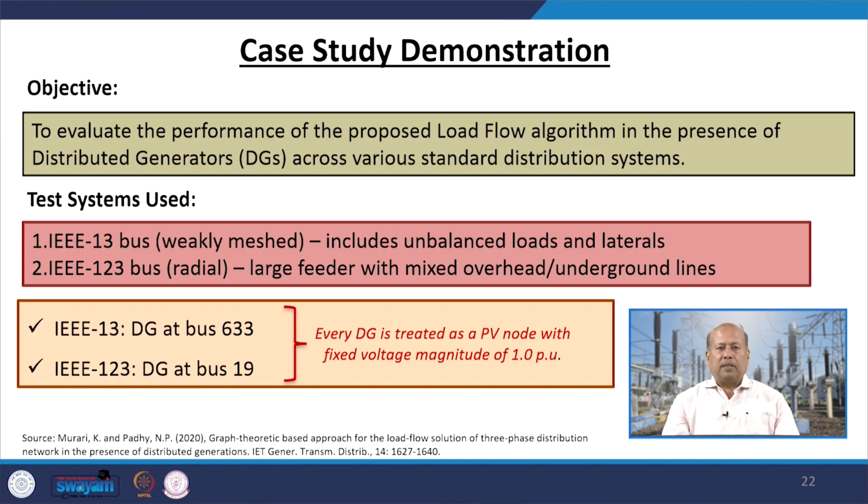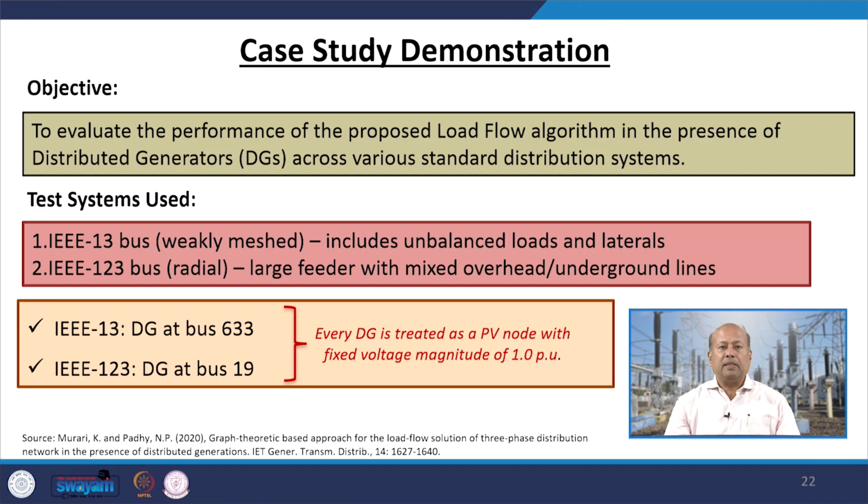Now, a couple of case studies are demonstrated to evaluate the performance of the proposed load flow algorithm in the presence of distributed generation across various standard distribution systems. There are two distribution systems being considered, the IEEE 13 bus and the IEEE 123 bus system. In the IEEE 13 bus we consider DG at bus number 633, and in the IEEE 123 bus system we consider DG at bus number 9.